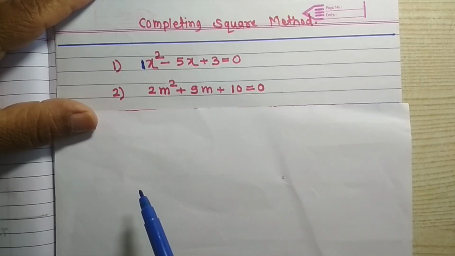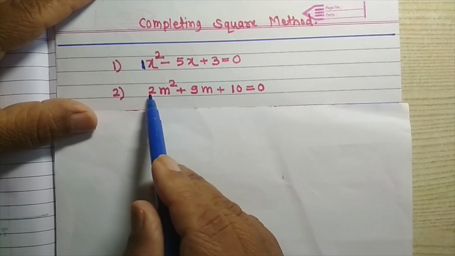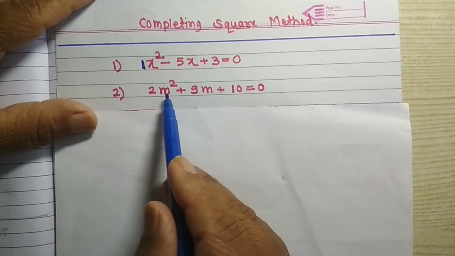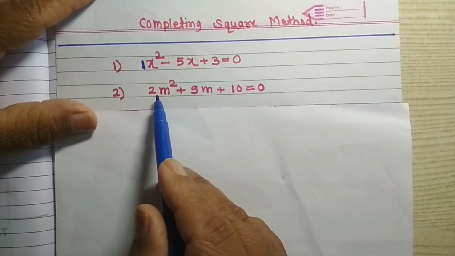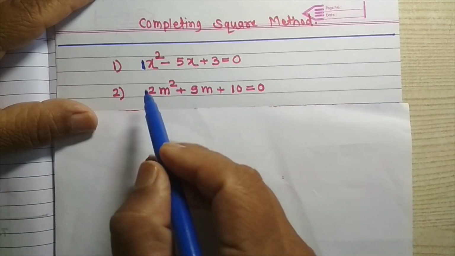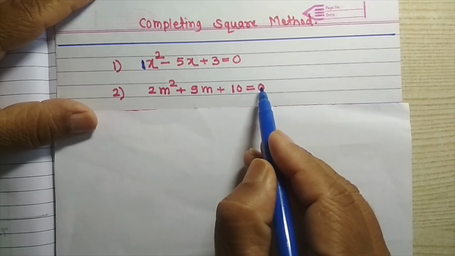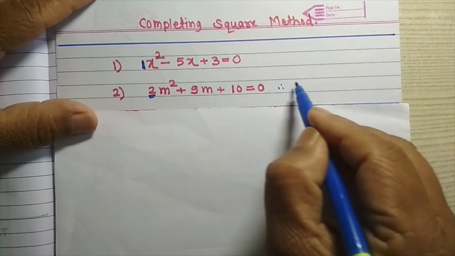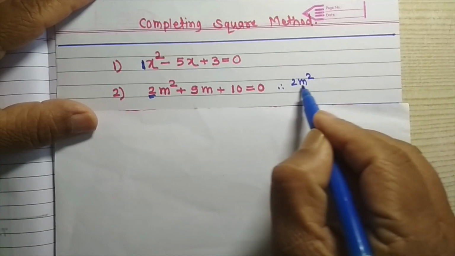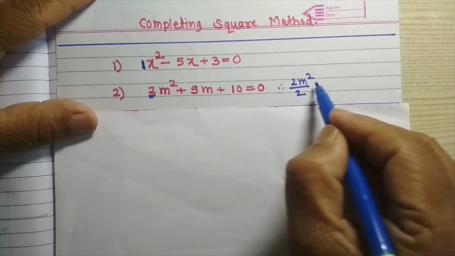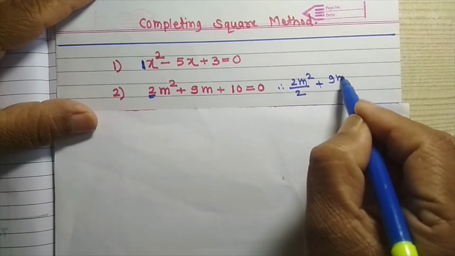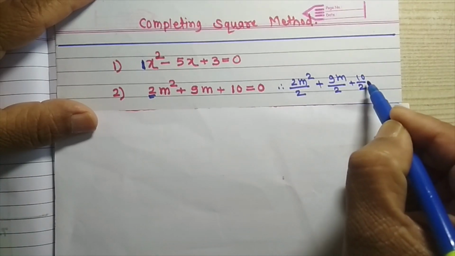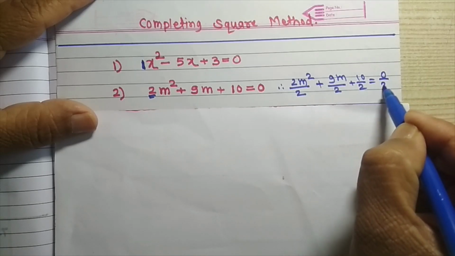But in the second equation, coefficient of square term is 2 here, therefore we have to convert this equation so that the coefficient of the square term is 1. That's why we have to divide this equation by 2. It means 2m square upon 2 plus 9m upon 2 plus 10 upon 2 is equal to 0 upon 2.